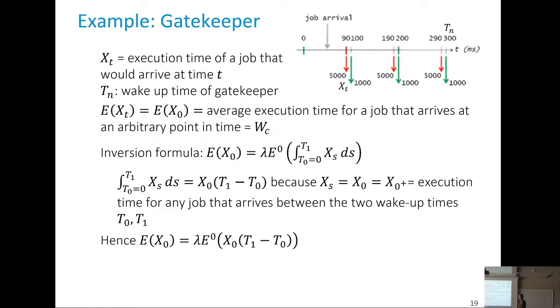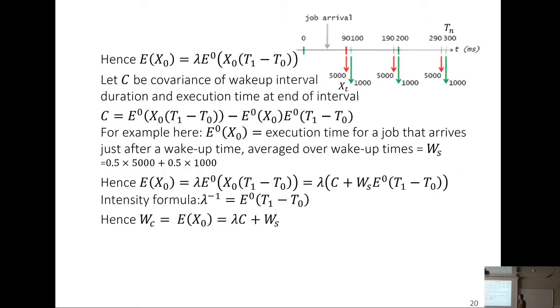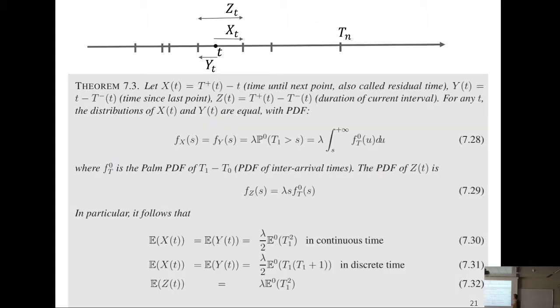One viewpoint gives the other one plus lambda times c, where c is the covariance between the job execution time and the duration of the interval that this job is in, which was the formula we observed and derived by more elementary means here.